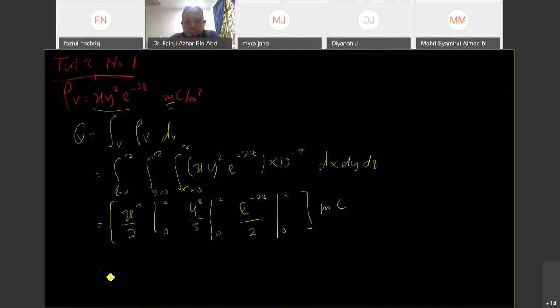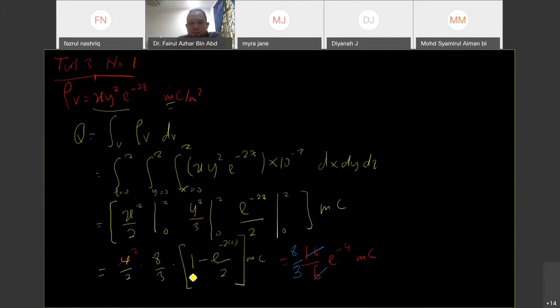If you solve this, then we will have 2 to the power of 2, which is 4, over 2, dot with 2 to the power of 3, which is 8, divided by 3, dot with the exponential part: the exponential with power of 0 is equal to 1, so 1 minus e to the power of minus 2 multiplied by 2, divided by 2.